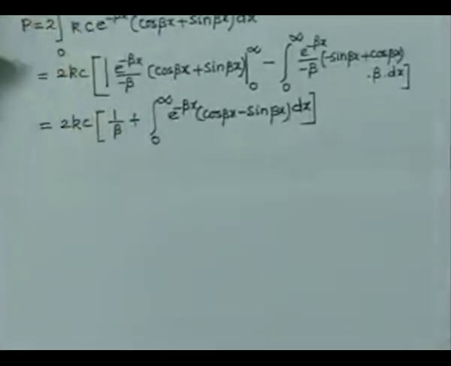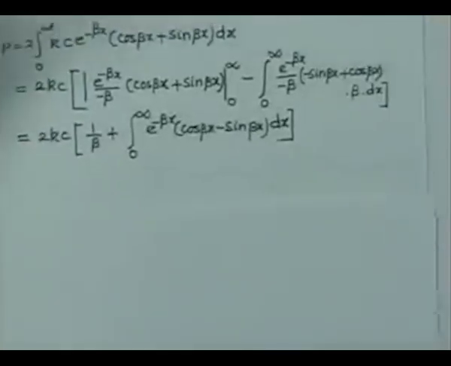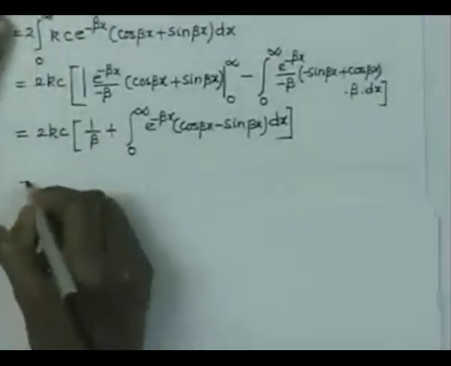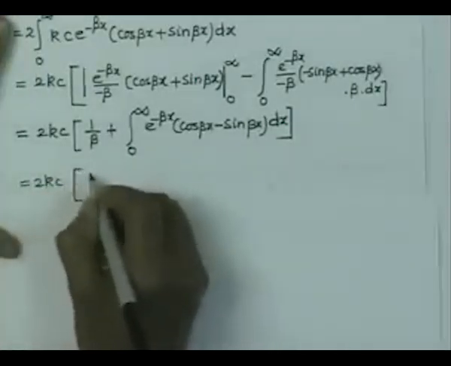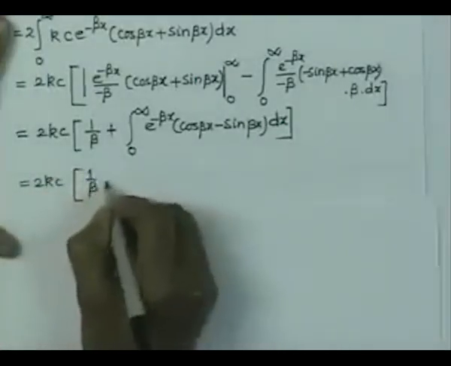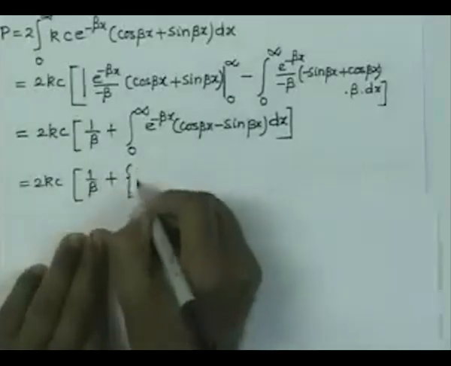Now, we continue further. So, if we continue further, this will give us twice kc, 1 by beta plus, again we do the same procedure here.